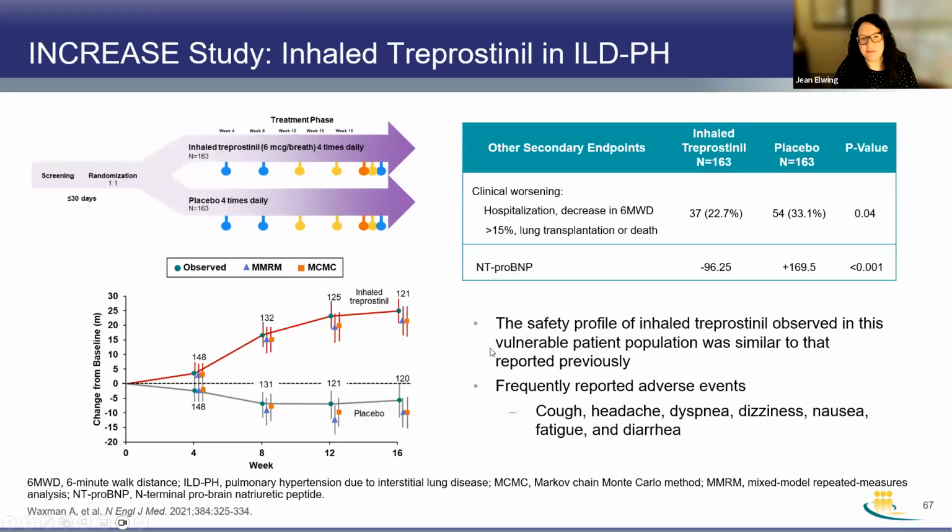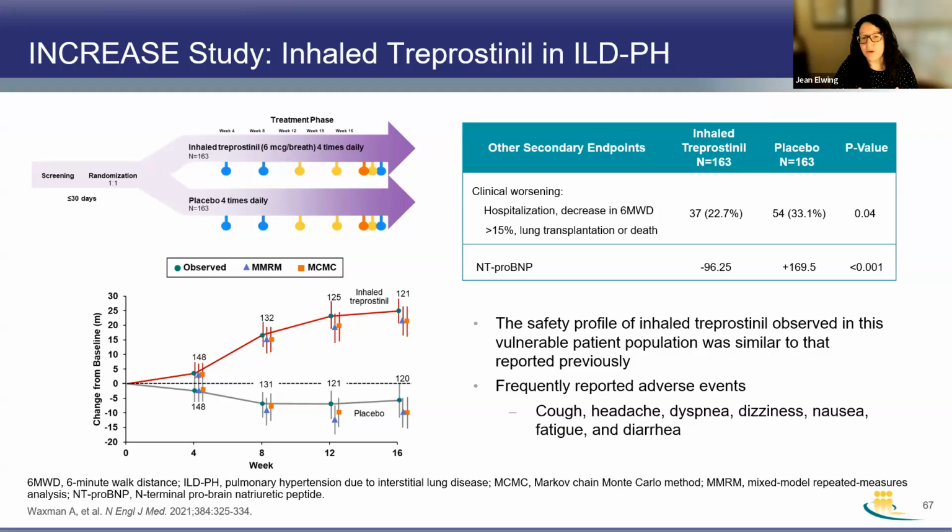So the INCREASE study used inhaled treprostinil in patients with PH-ILD, looking at patients who met that criteria with the conventional previous definition of a mean pressure of greater than 25 and a PVR of 3 or higher, in two groups, either placebo or the treated group.